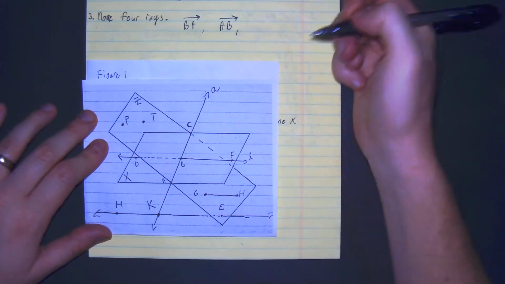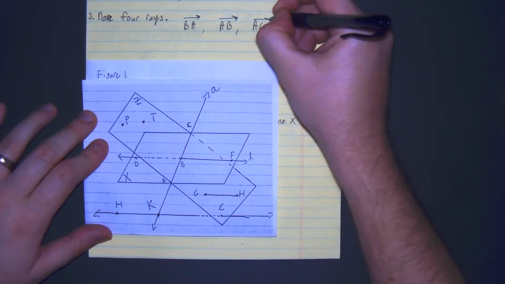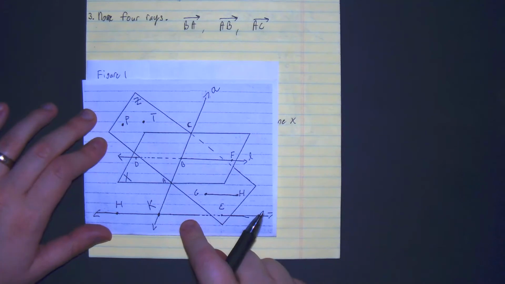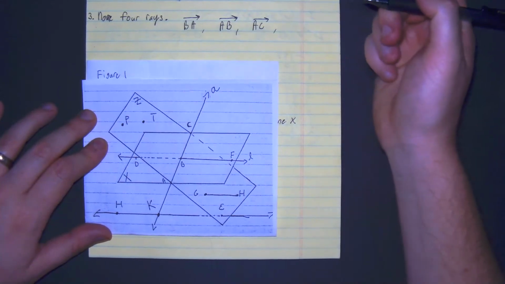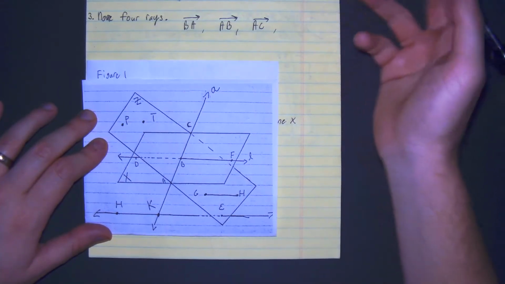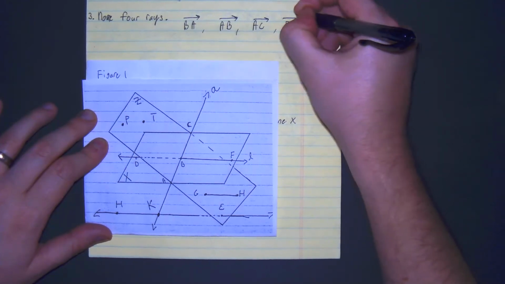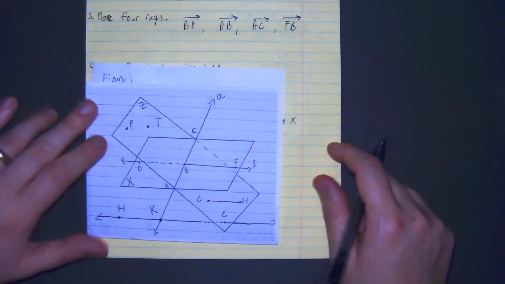Then we could say AC. A is the endpoint, goes forever in the C direction. Technically, it is the same as AB, but it is a different name. It is a different ray. And the last one we could have is, I don't know, let's do FB. All right, that's the complete number 3.